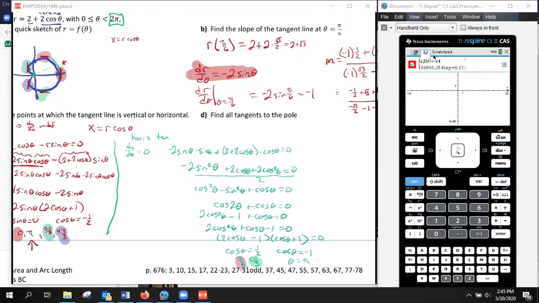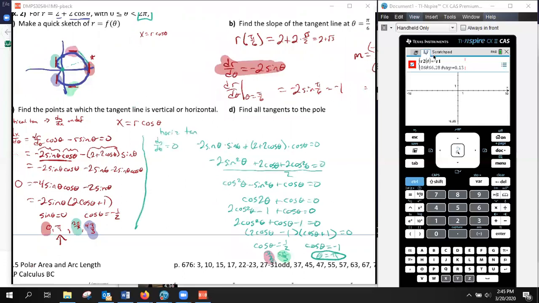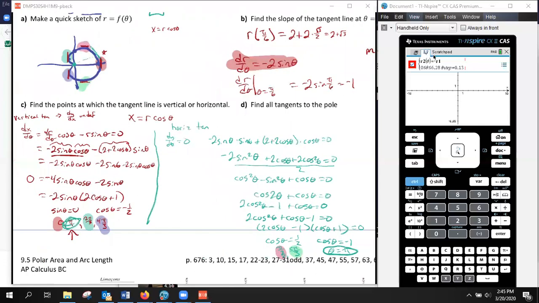Now, once again, going back to the question of what's going on at theta equals pi, because theta equals pi occurs for both horizontal and vertical, it's inconclusive at that point. So there is no vertical or horizontal tangent at that point, and that's really the best way that we can explain it.